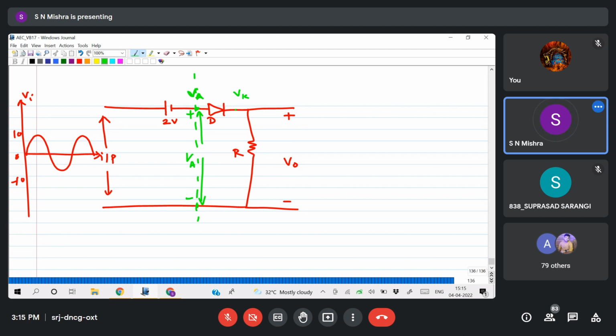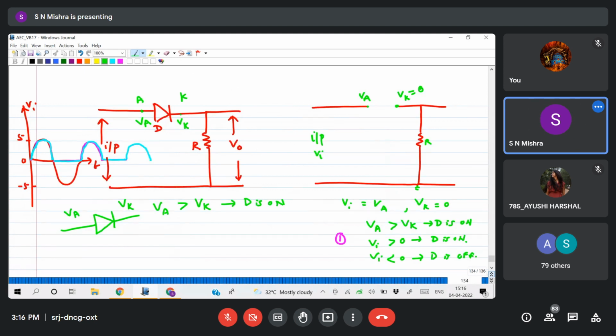Now, according to my condition, Va must be greater than Vk. What is Vk? If the diode is open, then K must be 0. When the diode is not there, what is Vk?